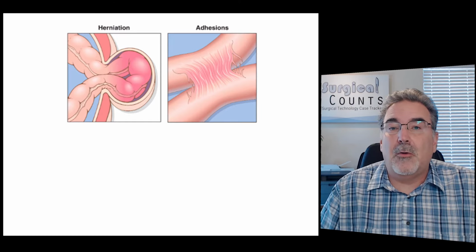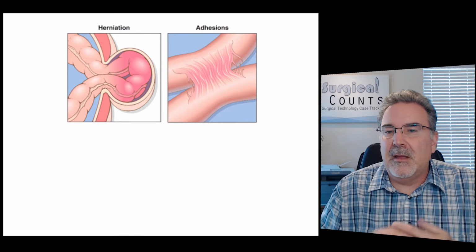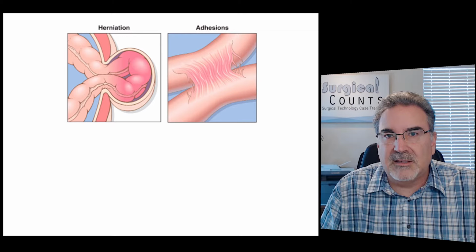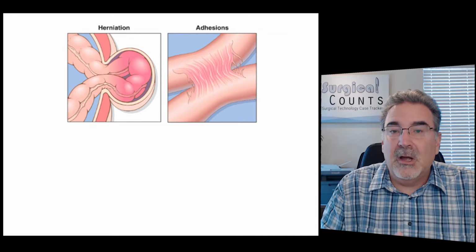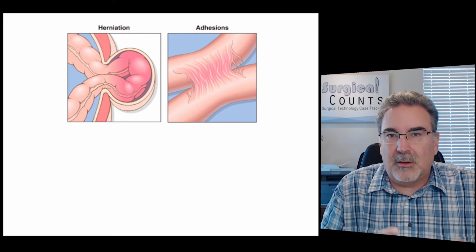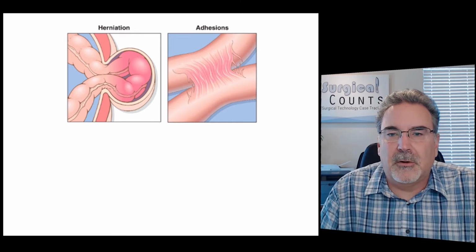So often you'll go in there and cut these adhesions before you can perform the actual surgery. I was in one case where we spent over an hour just breaking and cutting the old adhesions around the small and large intestine before we could do the procedure that we were going to do.